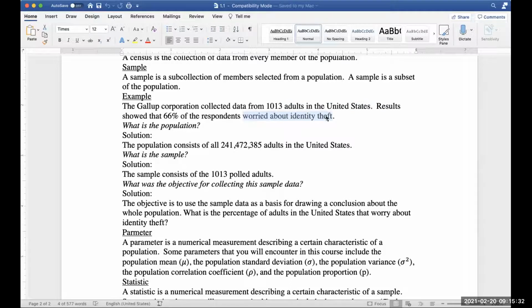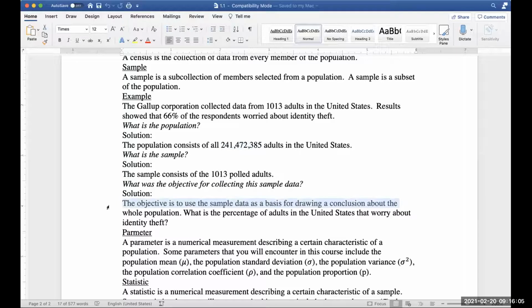And how will we answer this question? Well, we'll answer this question by taking a subset of the population and trying to infer from that subset what percentage of every adult in the United States is worried about identity theft.